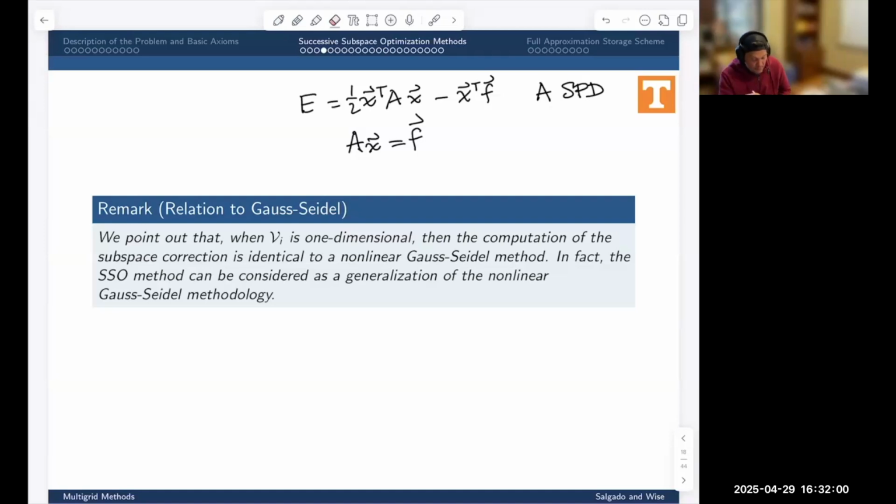Now, if I want to do Gauss-Seidel on this, then it turns out Gauss-Seidel can be realized as the successive subspace optimization method where I choose Rn in a very specific way.